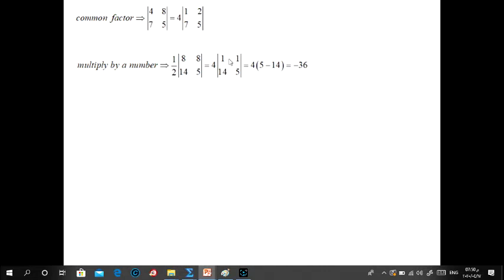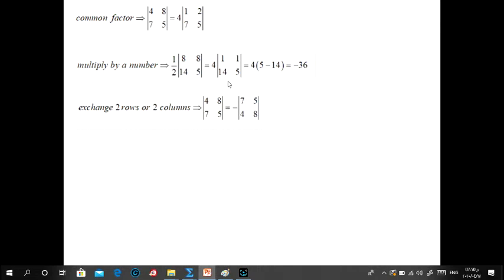Okay, everyone, let's move ahead to another property. We can exchange 2 rows or 2 columns and pay the price for it, to put negative. The determinant will be the same value but with a negative sign. For example, the same as my first problem, 4, 8, 7, 5, I can exchange these 2 rows instead of each other.